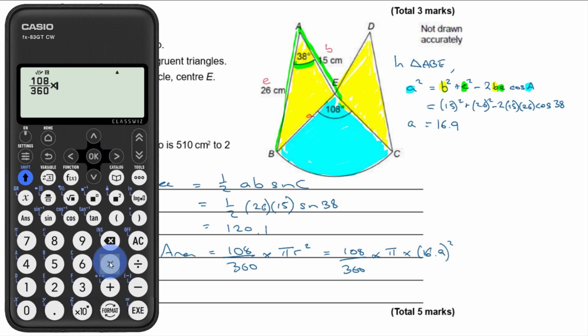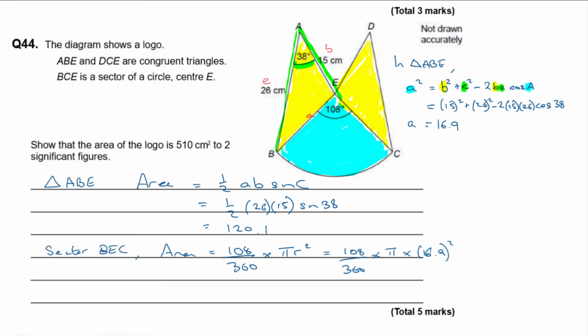So I'm going to do 108 divided by 360 times pi times answer squared. Okay, and that comes out to be 269.9.